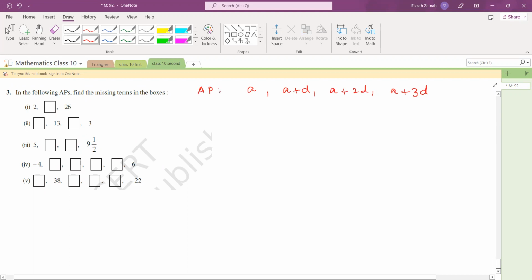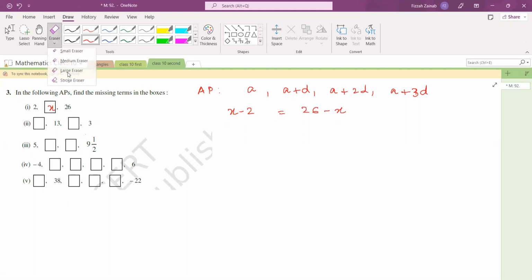Now come to the first one. You have to find the missing box. The middle term is not here. Sorry, before this, you write this thing.